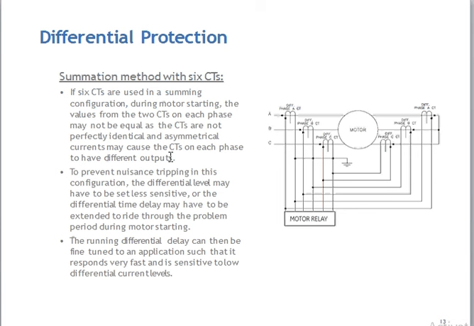To prevent this, if there is an internal fault, this current and that current are compared, and any difference current goes into the operating coil. Okay, thank you, and we will discuss in the next session.